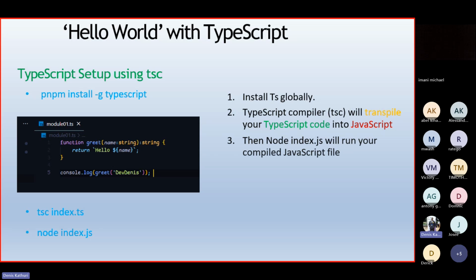Then you run that JavaScript code with Node so that you can view it in the browser. Since TypeScript is not natively supported in browsers, you need to convert your code to JS.